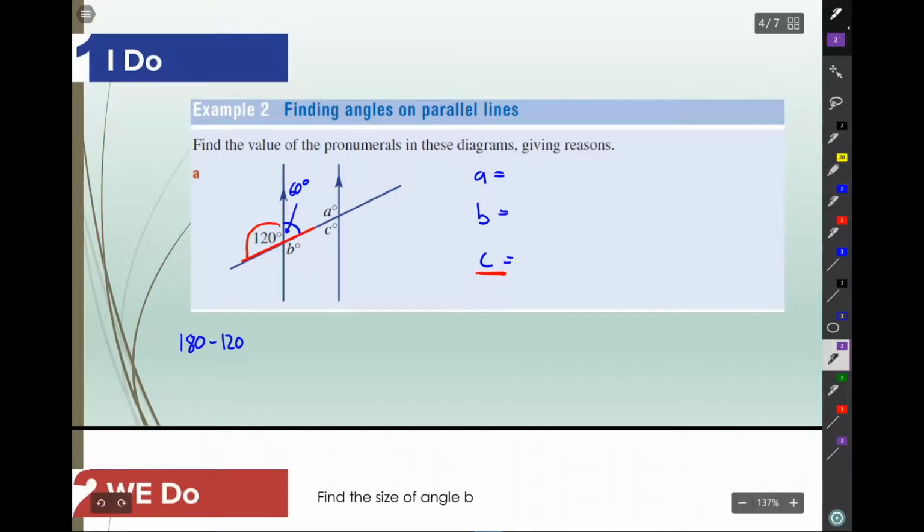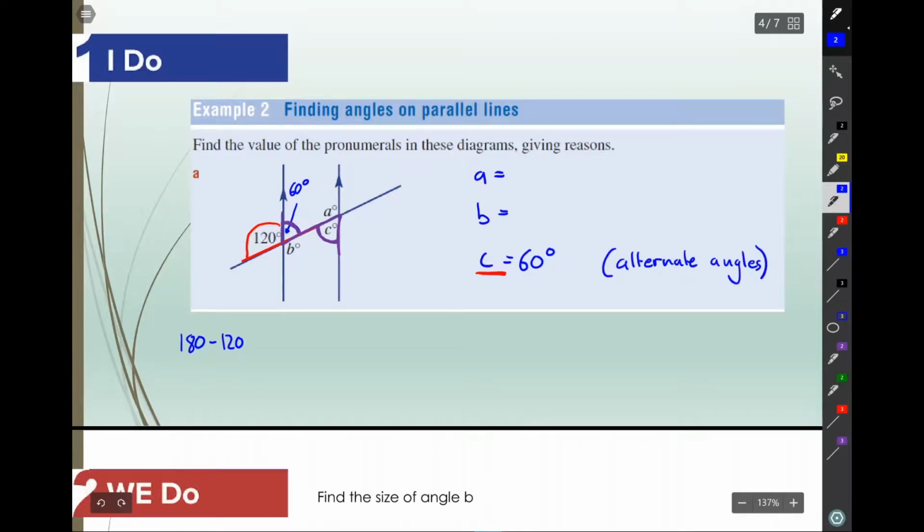Now, I hope you'll notice that we can draw our Z onto this diagram, and we can see that the angle that we just discovered was 60 degrees is an alternate angle to our angle C here. So what we would do is we would write down C equals 60 degrees. And again, we're going to always give our reason. Alternate angles.